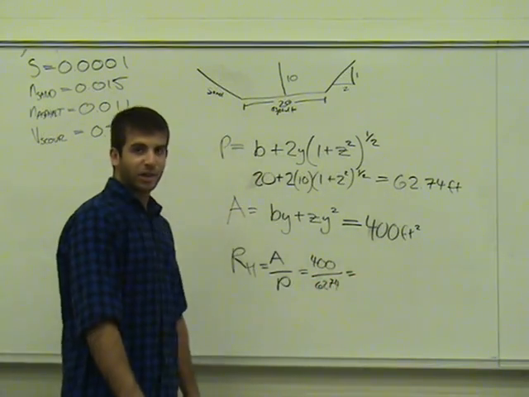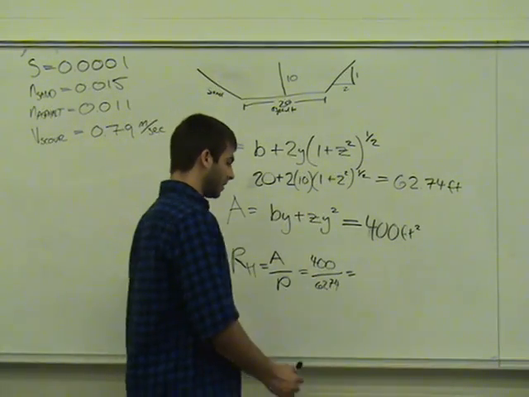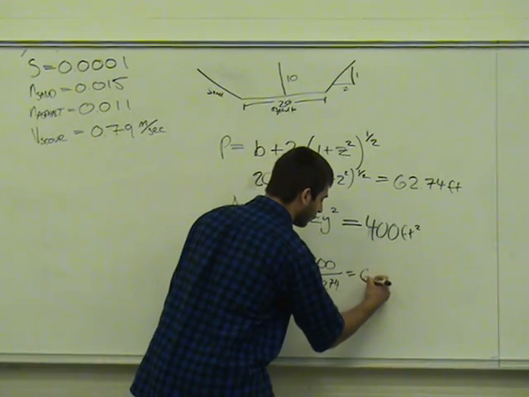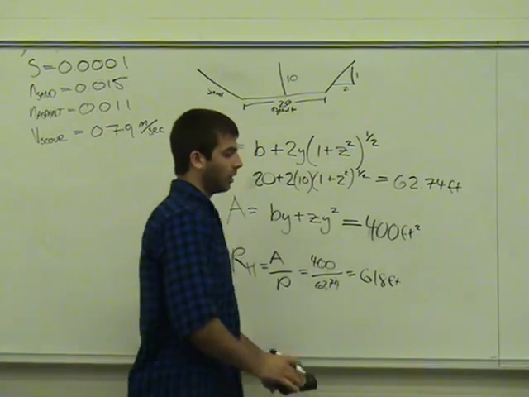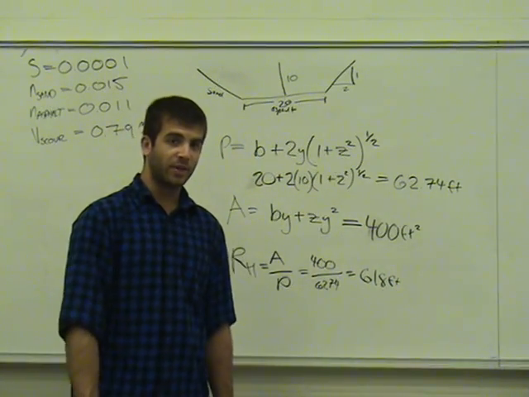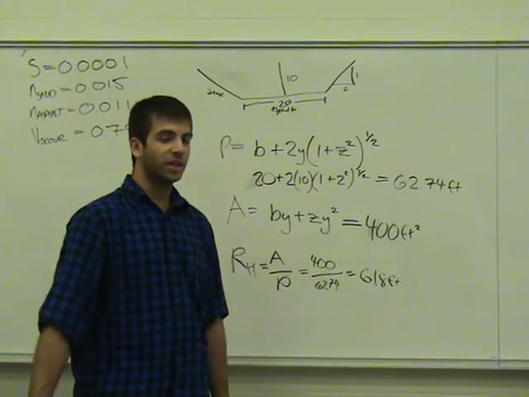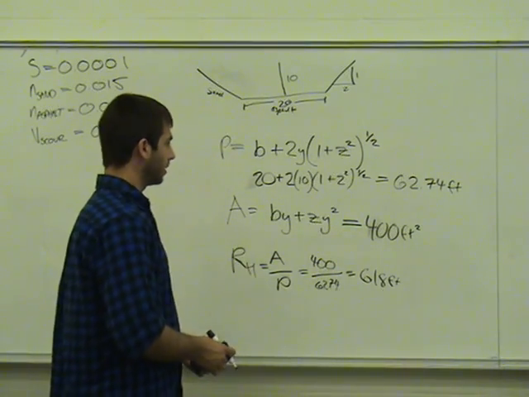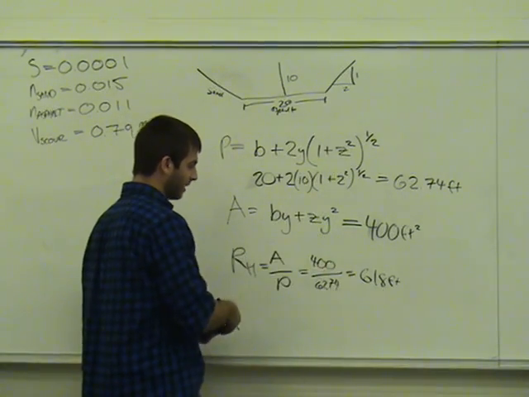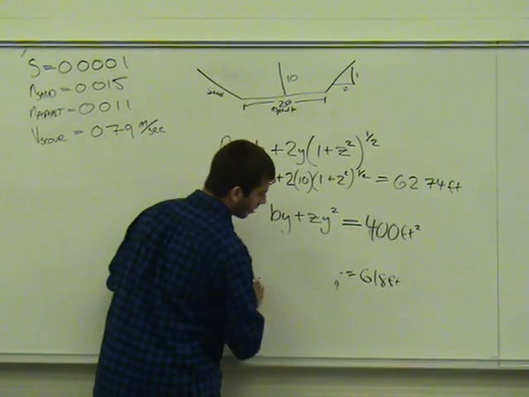Run that through a calculator, and you're going to get a hydraulic radius of 6.18 feet. Awesome. So now we have our hydraulic radius. We need to go back to Manning's equation to find what our velocity is. Record these values in whatever notebook you're working on. I'll erase this quick.